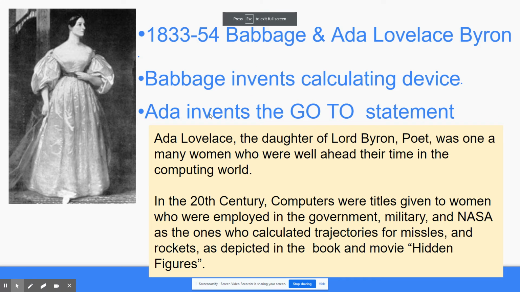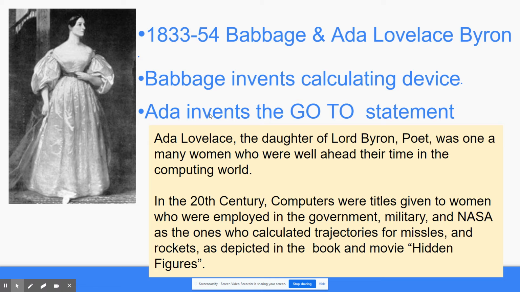In 1833 to 1854, Babbage and a young lady by the name of Ada Lovelace Byron worked on a calculating machine. She was a very bright young woman, and girls were not taught or educated the way girls are now. They did not go to school.